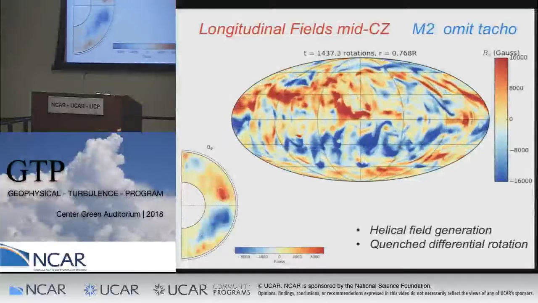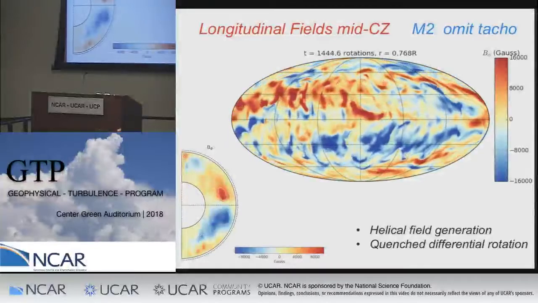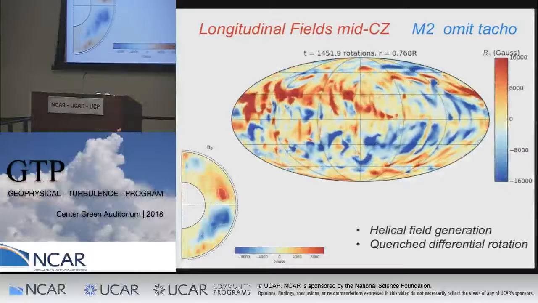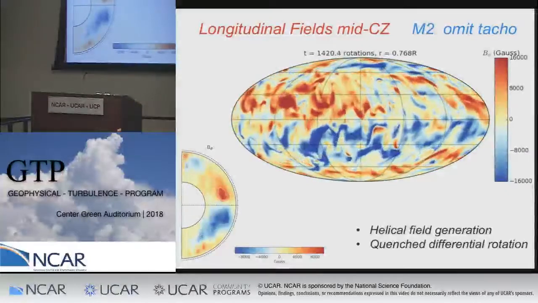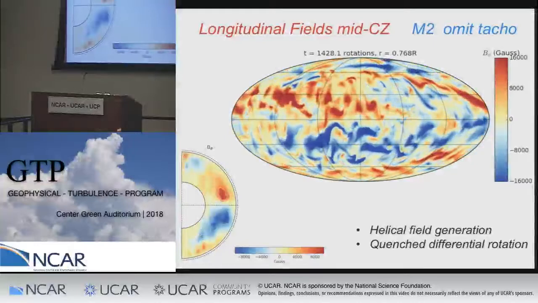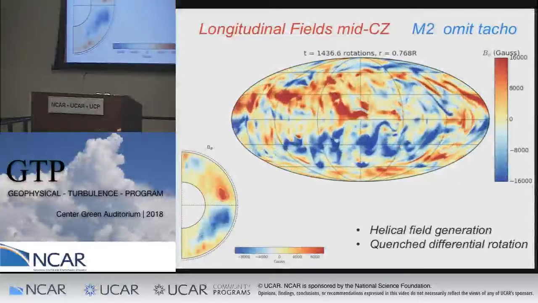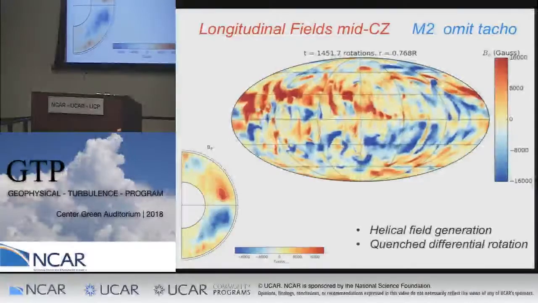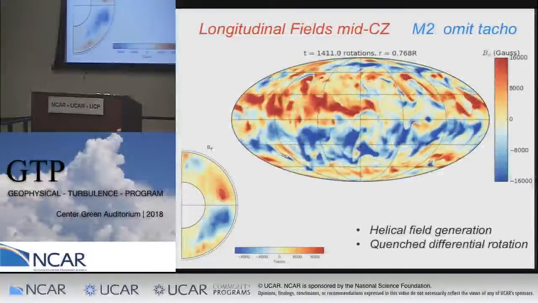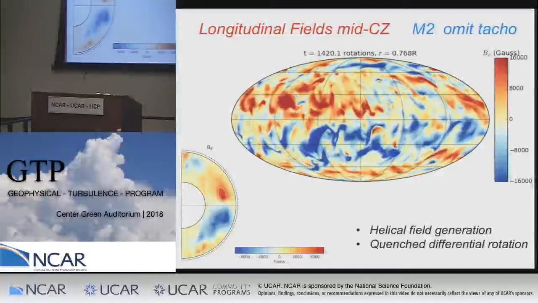And so the magnetic field generation is almost entirely, in mean field theory, you might say alpha squared. There's no omega effect effectively available to you. So it's helical field generation, but it builds fairly strong fields in this M star that we're dealing with.